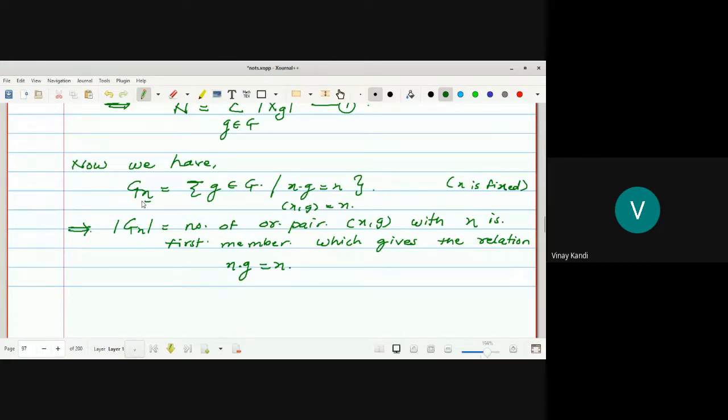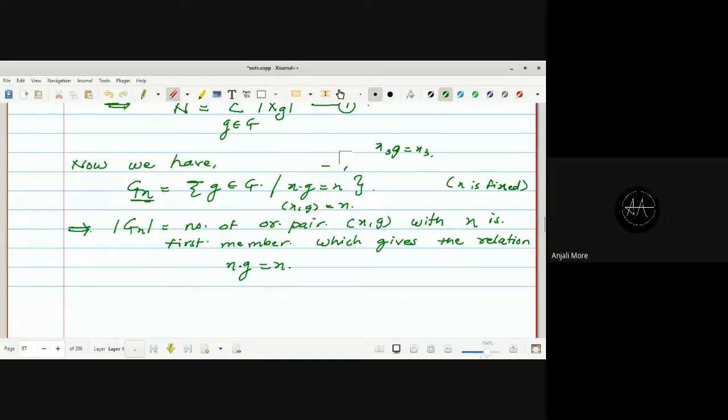Okay, what does its order mean? Suppose these are the elements, x1, x2, x3, three elements. x1·g is equal to x1, x2·g is equal to x2, x3·g is equal to x3. Then the order of gx is 3. That is the number of ordered pairs with x as the first member. Okay, is it correct?